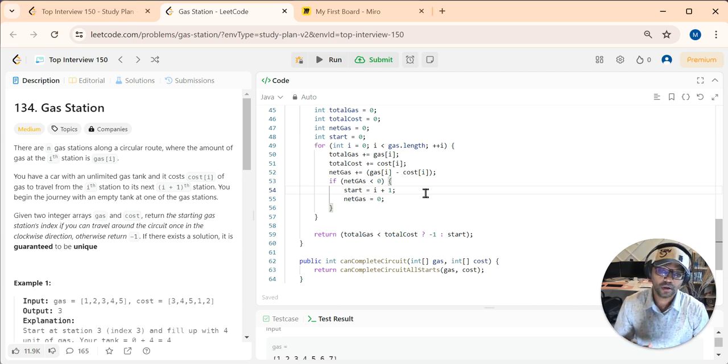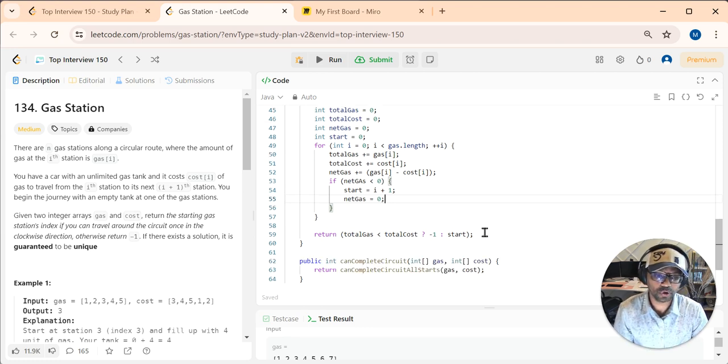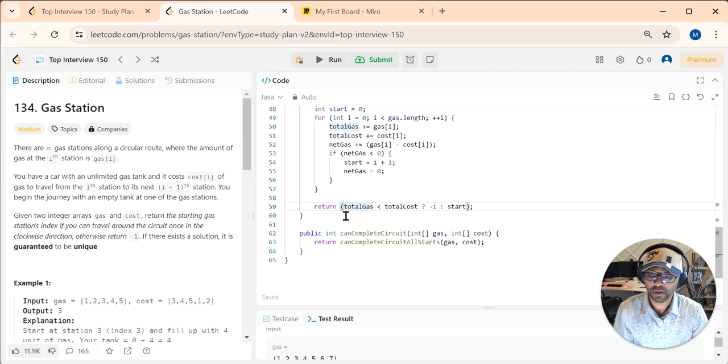But that would only be if total gas was actually less than total cost, right? So we could construct an example where, if the array is of size 5, start would actually be 5, which is not a valid index. But we would never end up returning that because of this condition here. Because if there existed a start which was valid, we would have actually not done that.